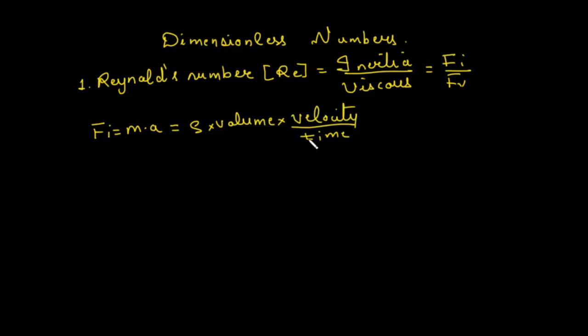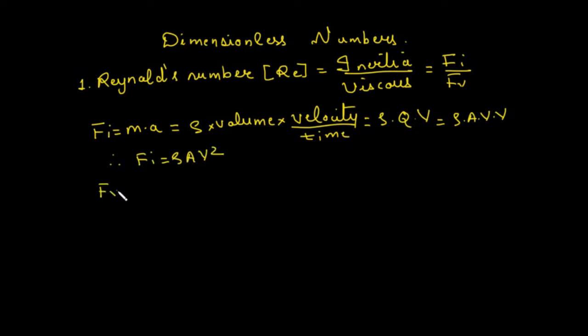But we know that volume upon time is nothing but the volume flow rate, that is the discharge. So we can write rho into Q into V, and the volume flow rate can also be written as area into velocity by the continuity equation. So we are getting Fi is equal to rho A V square.